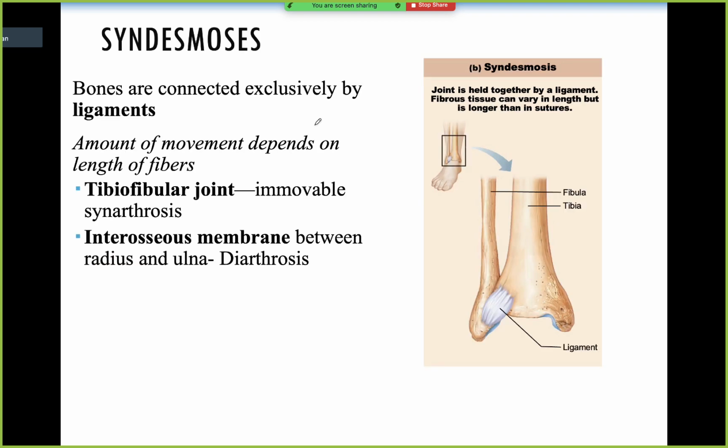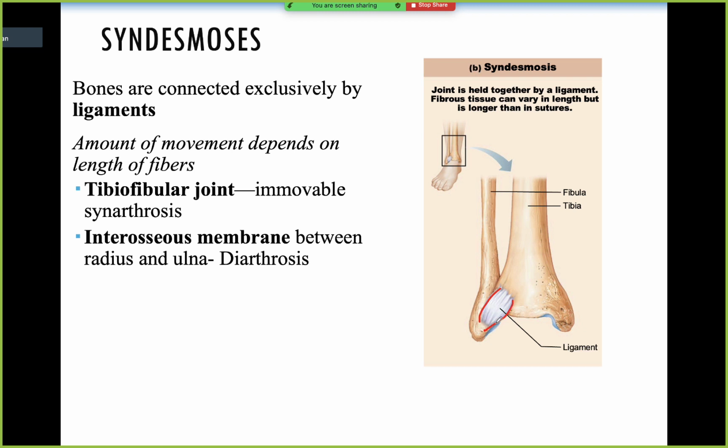The second type of fibrous joints are going to be bones that are connected together only by ligaments. Remember, ligaments are pieces of connective tissue that connect bone to bone. The amount of movement between these two bones and in this joint depends on how long the ligament is.